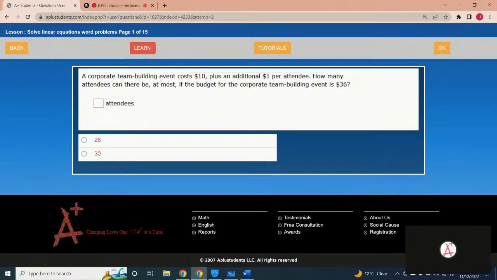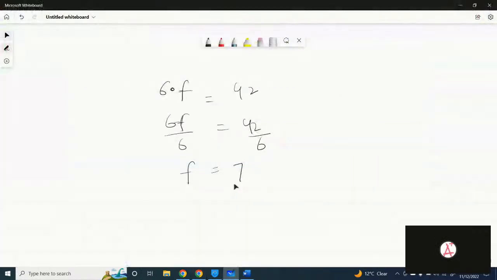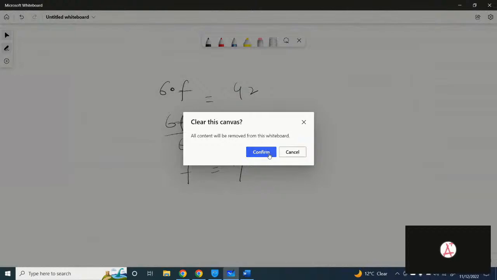So just write down the equation and solve it. So the equation is $10 plus $1 per attendee. So it would be 10 plus 1A equals 36. Got it? You have to find the value of A.